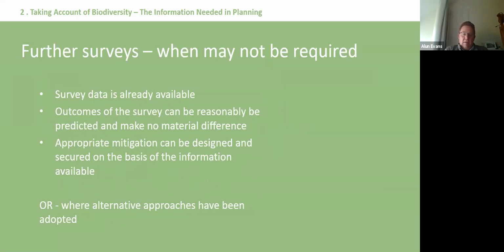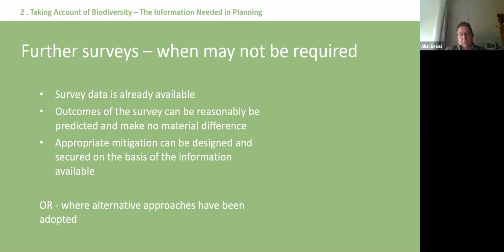And turning to some circumstances when surveys perhaps aren't always required. In some situations, survey data may already be available. If you've got an application that's next door to a previous one, within the same 12 months, and they've already surveyed the same ponds, there's sufficiently good information to rely on for the next application, where the outcomes of the survey can be reasonably predicted and make no material difference.